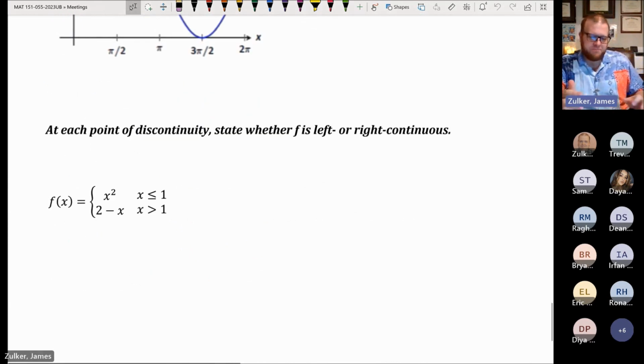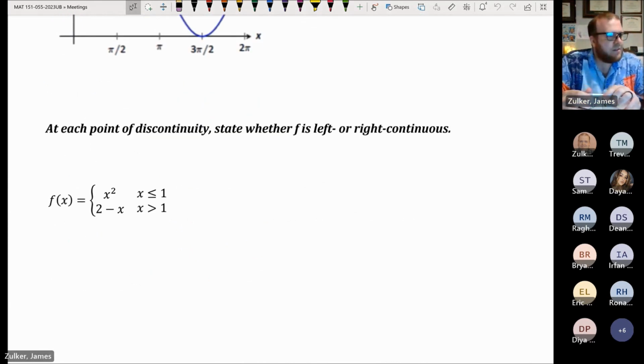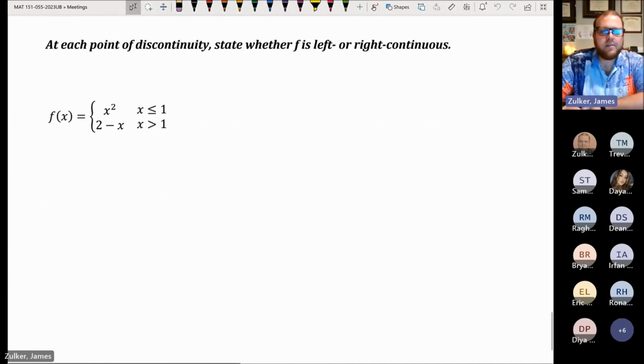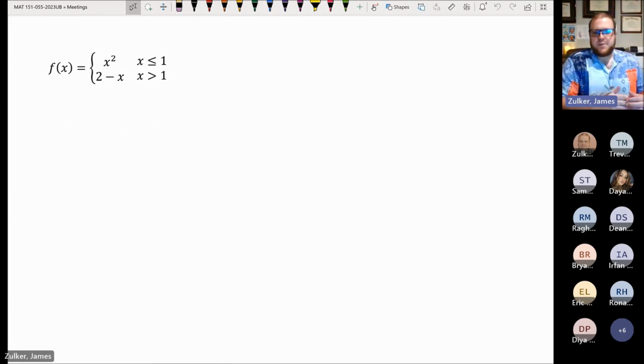So for the next several problems, we're going to state whether we are left continuous or right continuous at each point of discontinuity. All right. So we look at the first piece, x squared.